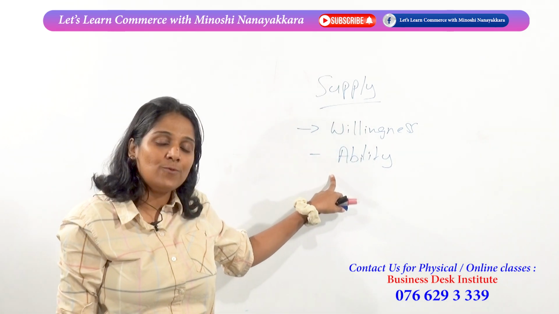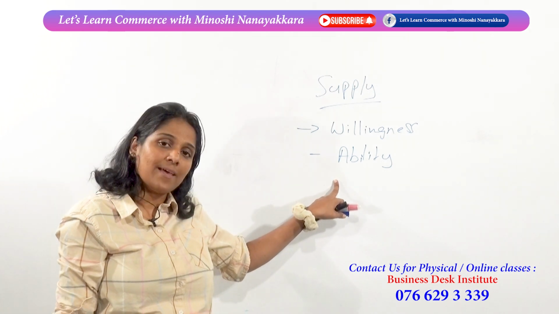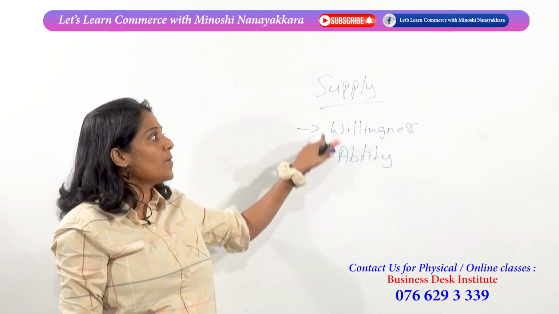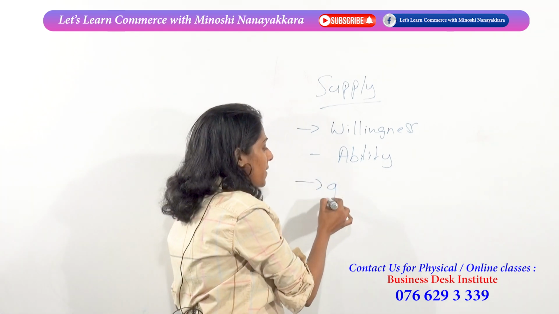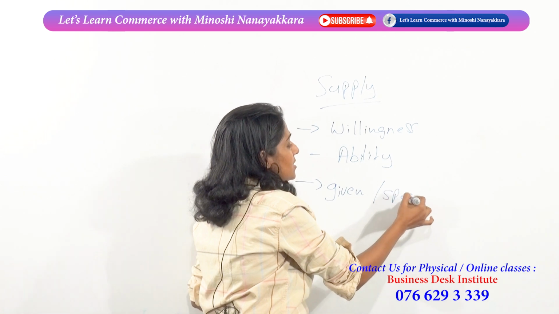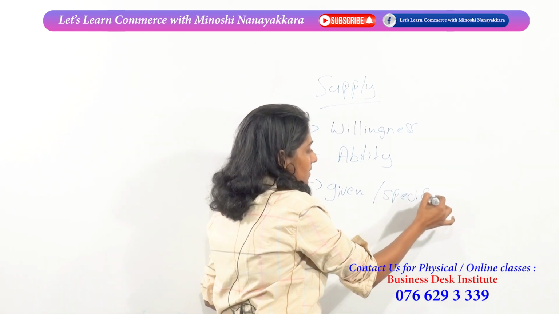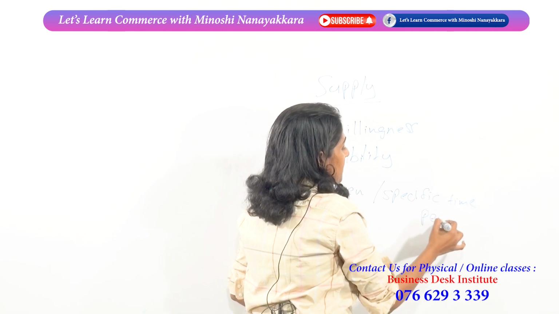So willingness needs to be there and ability also needs to be there. And we always talk about supply under a given price and in a specific or given time period.